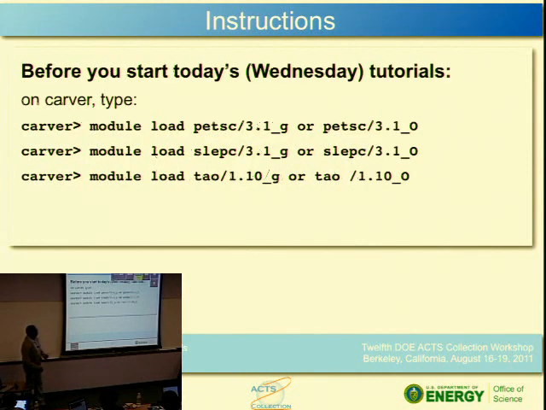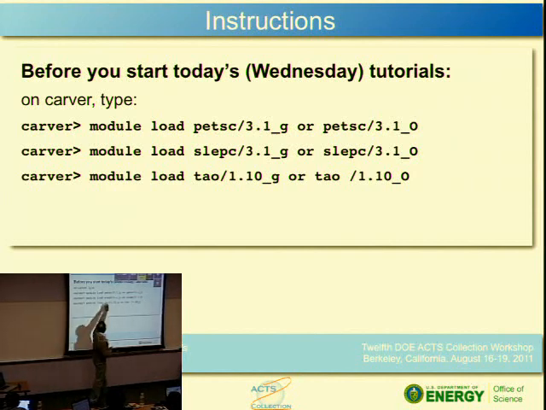For today's tutorials and hands-on, we're going to talk about PETSc, SLEPc, and Tau. In any of the modules, you can type module avail and the name of the tool, and it will give you all the different versions that are available.